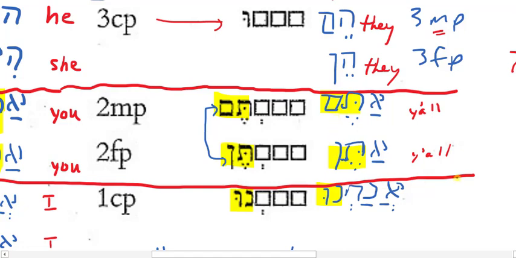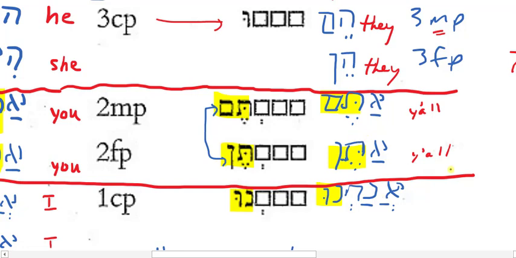The mem. Okay? Now notice that for the personal ending of the perfect, the heavy consonantal endings for y'all, "you did something," it's tem and ten, and that looks very much like attem and atten as well. You have the tavs, the segols, and the mem and nun interchange. So there's a correspondence here.